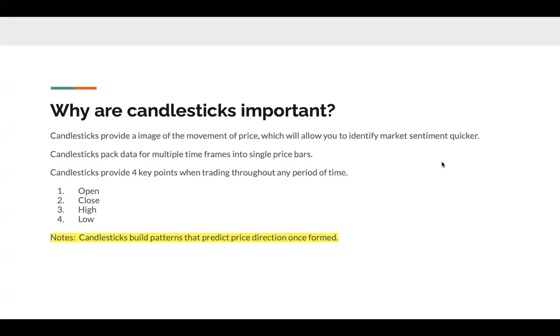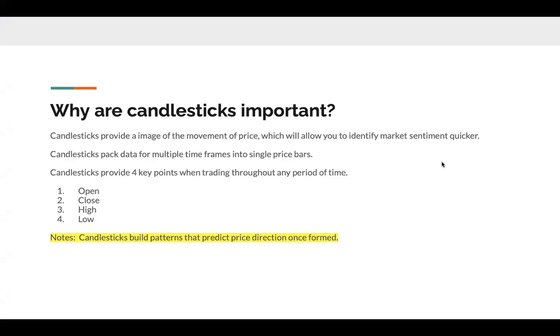Basically, a candlestick packs data of multiple time frames into single price bars. So on a daily chart, a candlestick will represent 1 day of price.